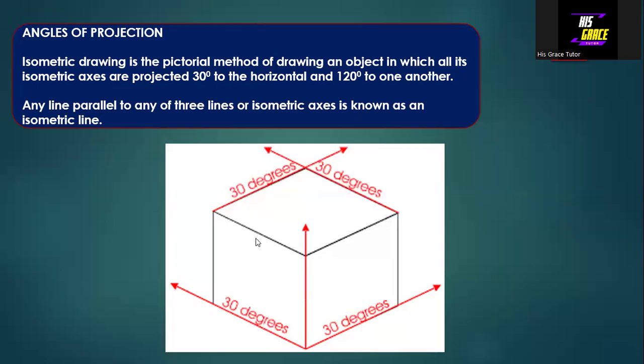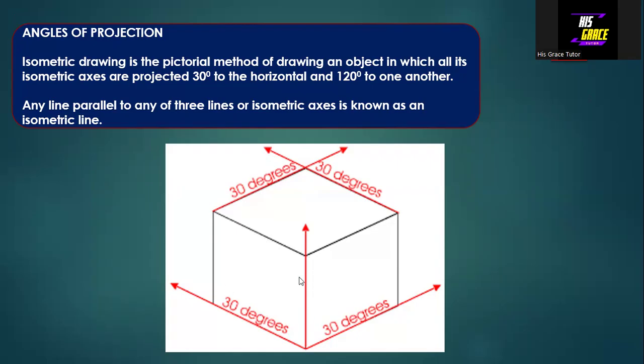Then the lines that we call isometric lines are the lines that are parallel to the basic isometric axes as we have here. So this line is parallel to the vertical axis. This dark line that we have here is parallel to the vertical axis. And this line also is parallel to the vertical axis.